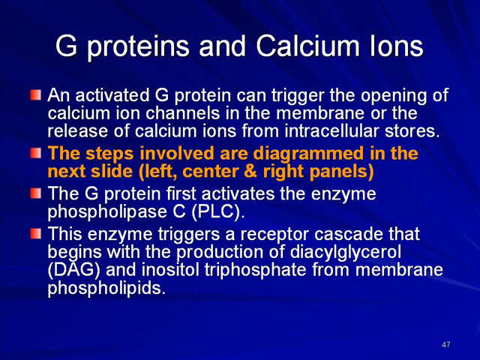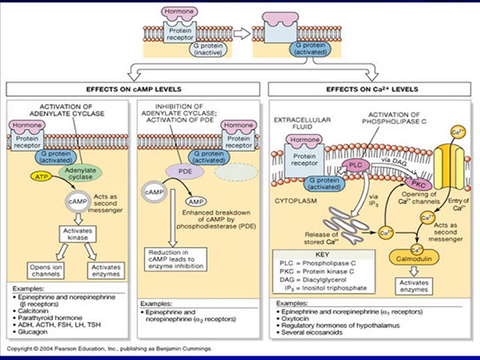G proteins and calcium ions. Now, activated G protein can trigger the opening of calcium ion channels in the membrane. This releases calcium ions from intracellular stores. This illustration shows the different steps. We've already talked about it, activation of the enzyme in both steps.